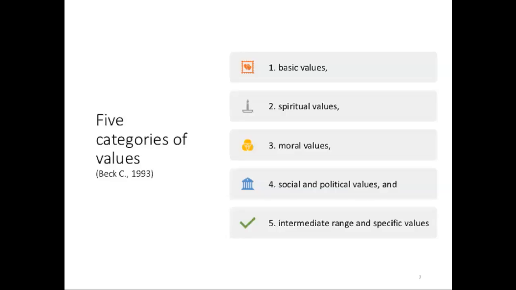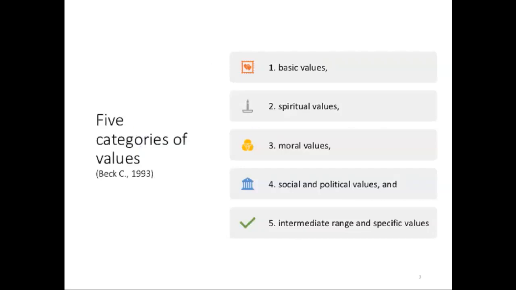So according to Beck, there are 5 categories of values: basic, spiritual, moral, social, and political values, and intermediate. For our investigation and our research, we decided to choose these social and political values because they are the values that are implied in the decision-making process.